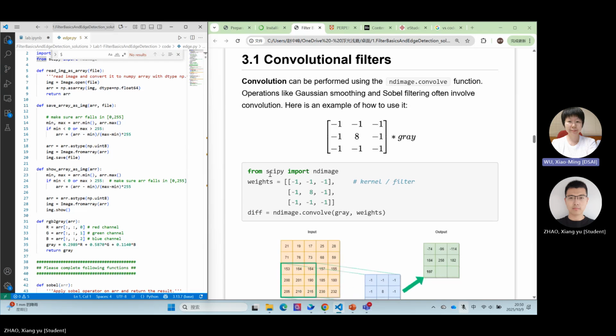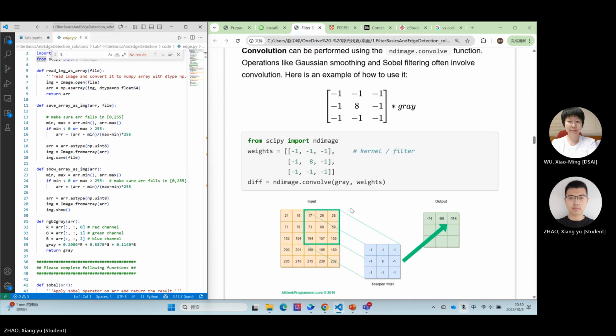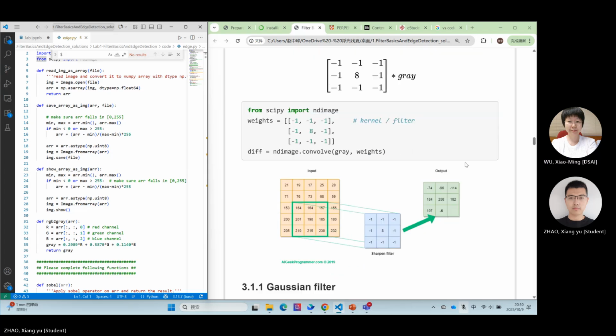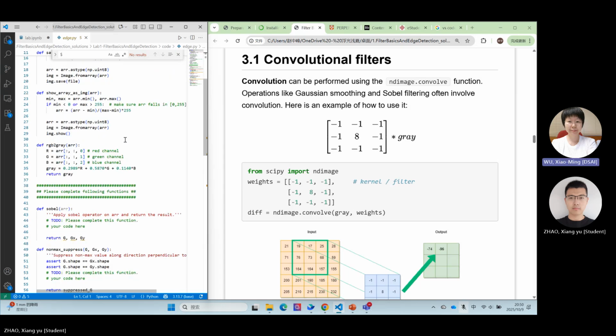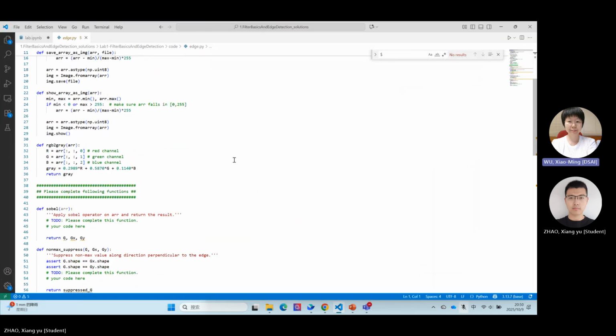From these packages, you can just import ndimage, and ndimage has the convolve function. Okay, we can see an example of this.